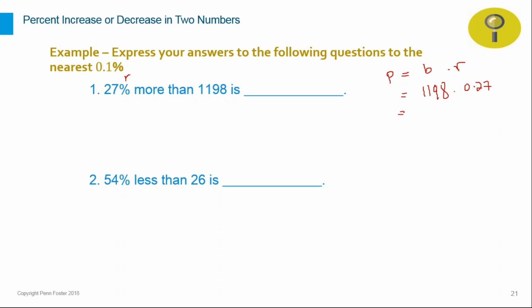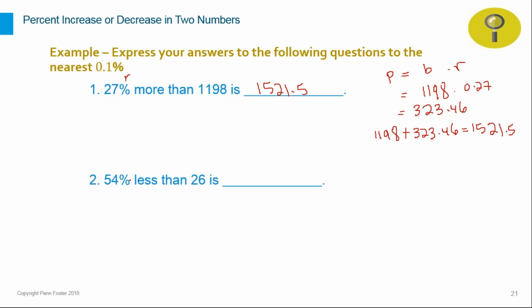Multiplying will give you the increase, 323.46. That's not the final answer. Add the initial value plus the increase, and that will give you the end value. So it's 1,521.46, and that is the answer. So if you read the sentence again, 27% more than 1,198 is 1,521.46. This is the end, this is the initial, and this is the percent increase.